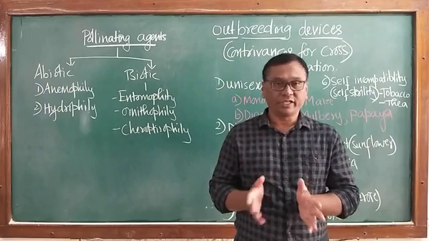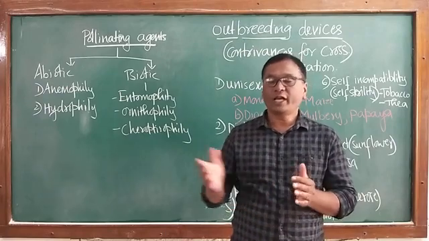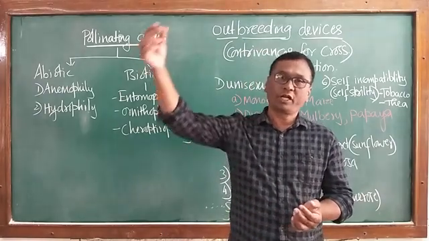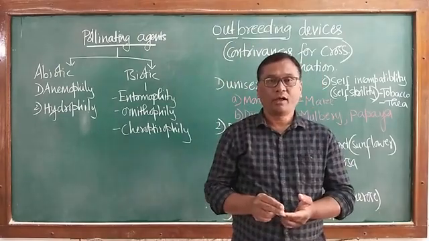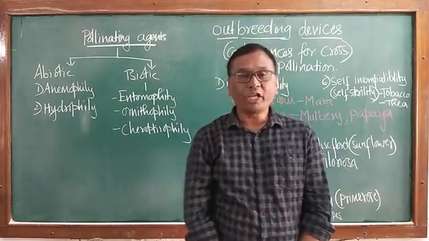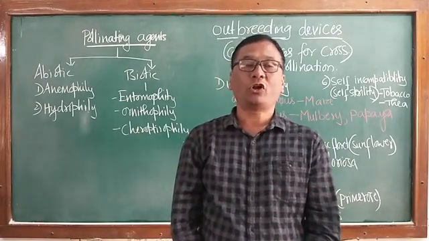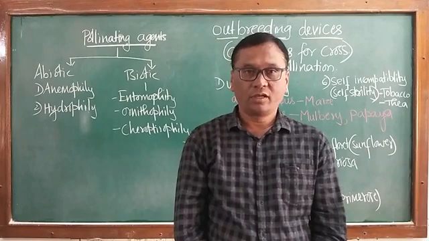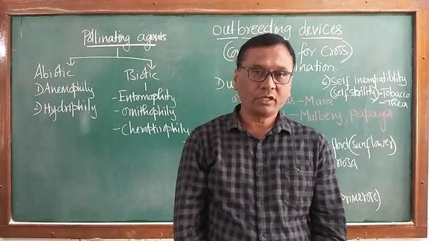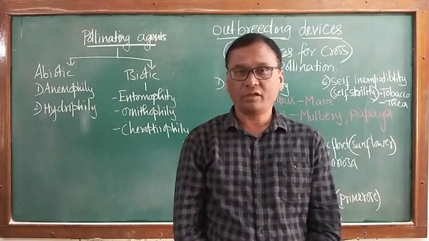All the living things which help in the transfer of pollen grain from the anther to the stigma are called biotic agents of pollination or biotic agencies of pollination. Biotic means living.